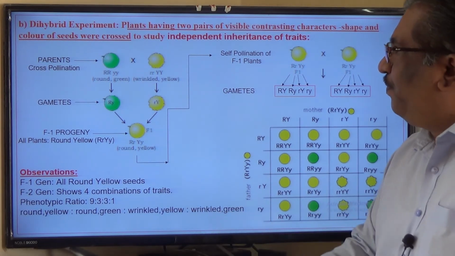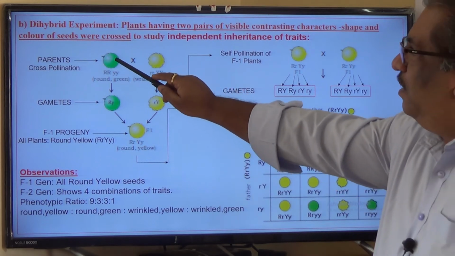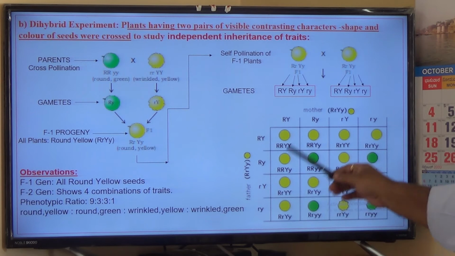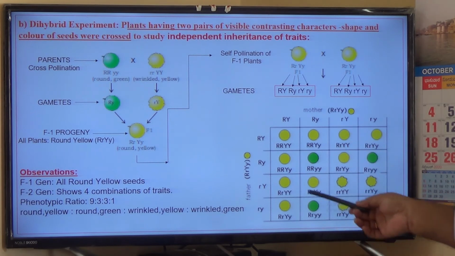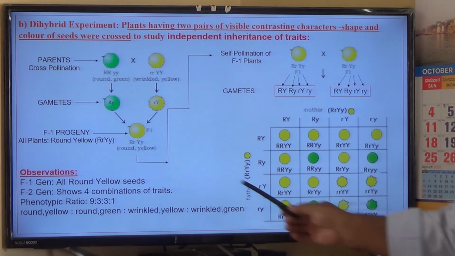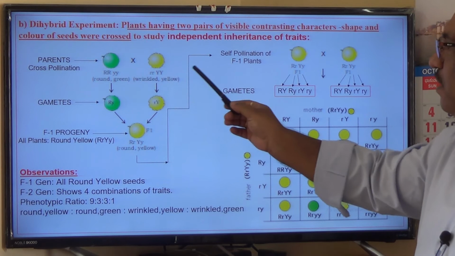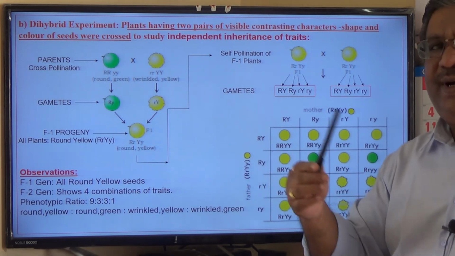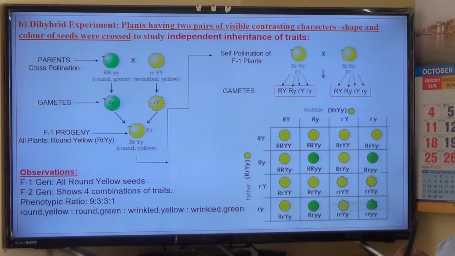And therefore, if you look at the round green, wrinkled yellow, and if you look at the progeny or the second generation plants over here, all these are the combinations of round, green, wrinkled, yellow. All these independent 4 characters are independently inherited in F2 progeny.